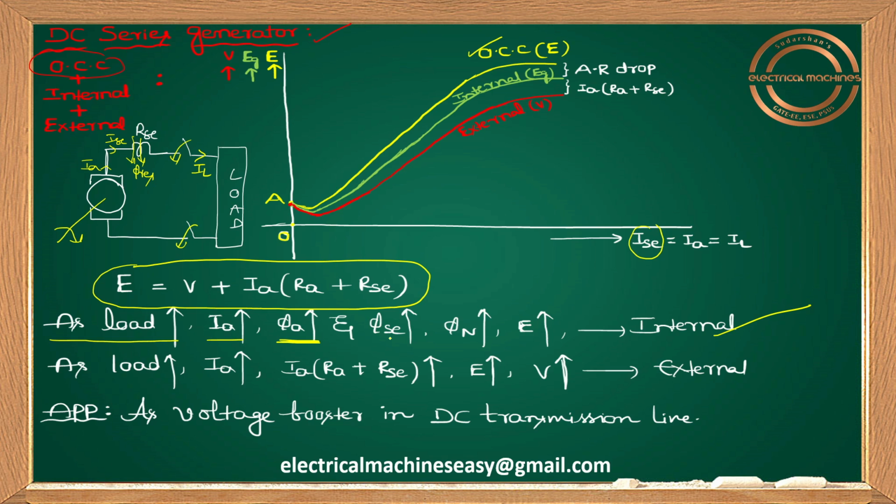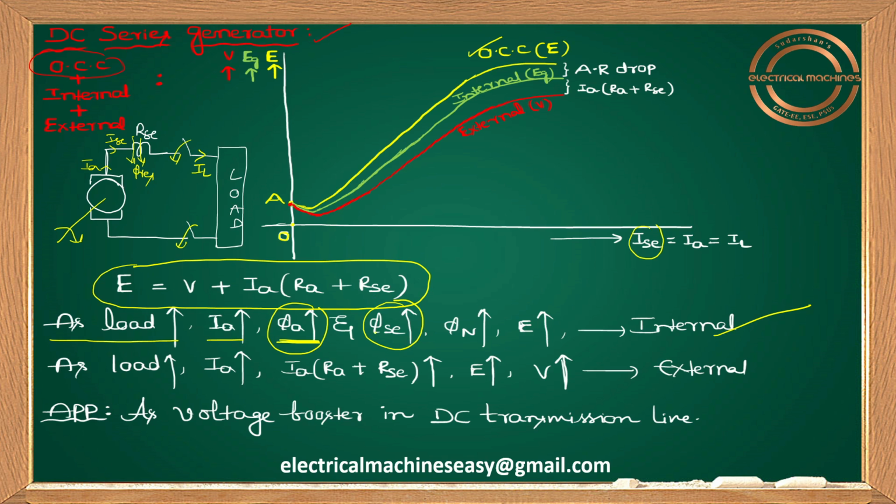What is the reason? Because in the series generator, the field winding is connected in series with the load, whereas in the shunt generator, the shunt field winding is connected across the load, not in series with it. That's the reason why in a DC series generator, as load increases, in addition to armature flux, the main flux, the series flux, also increases.